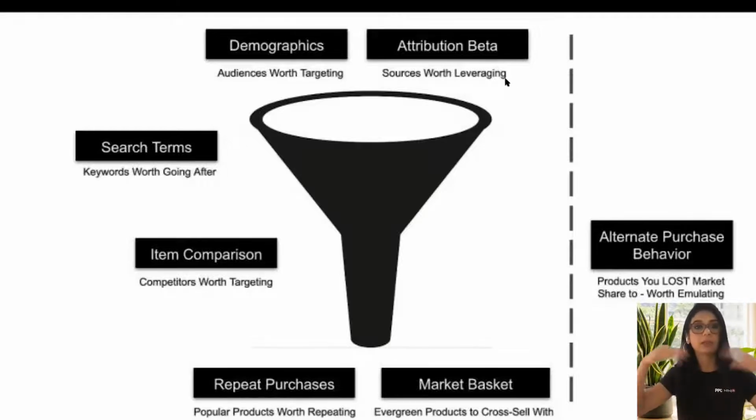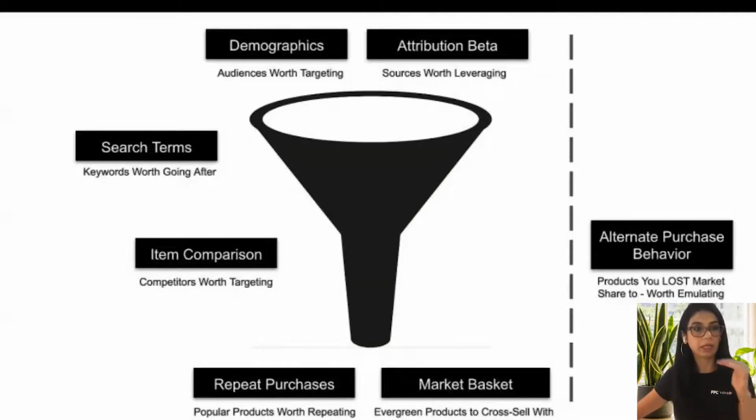Again, it's very high level, top of funnel kind of information. Then we have search terms, where you're using this information to see what are the keywords that are worth going after. So this is basically telling you what kind of behaviors are happening at the top of the funnel, which you can learn from.